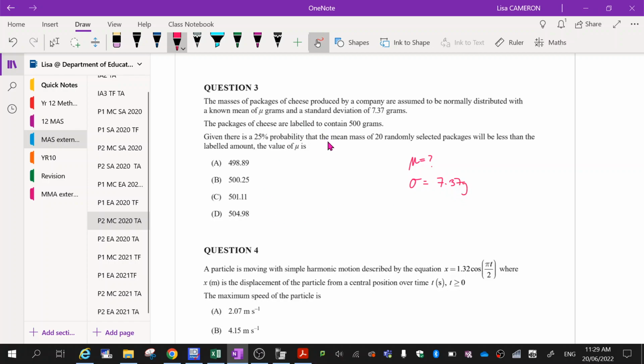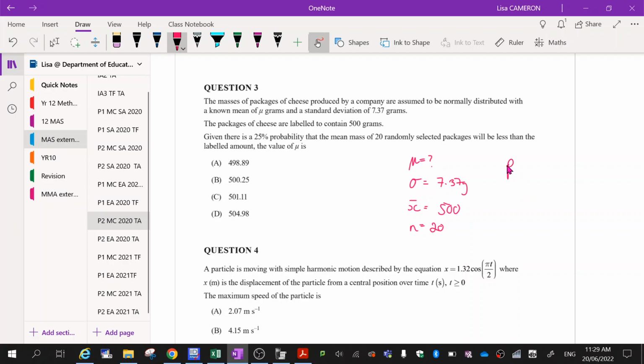The packages of cheese are labelled to contain 500 grams. So that means we're going to be testing our sample to be about 500 grams, the mean of them, given that there is a probability that the mean mass of 20 randomly selected packages will be less than the labelled amount.